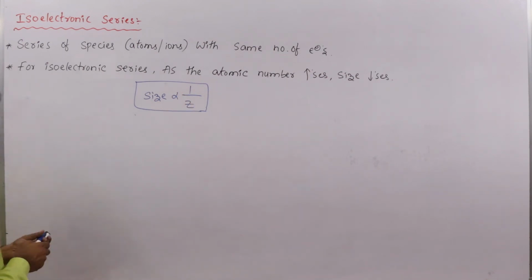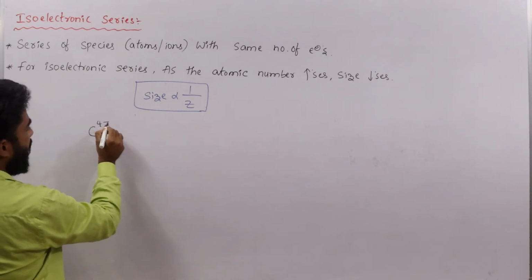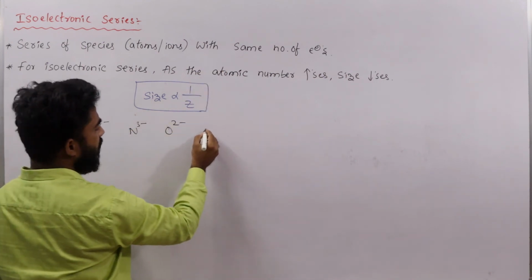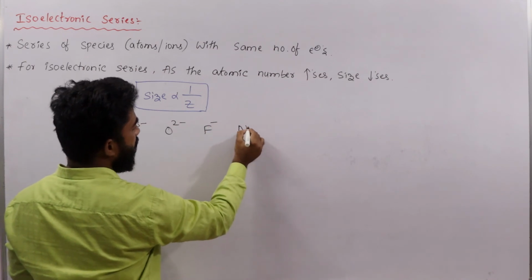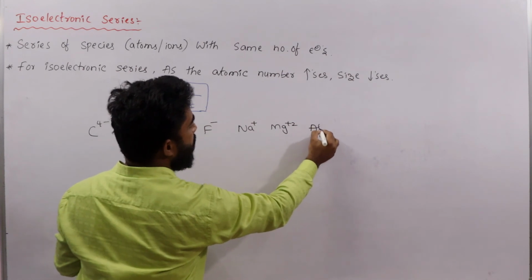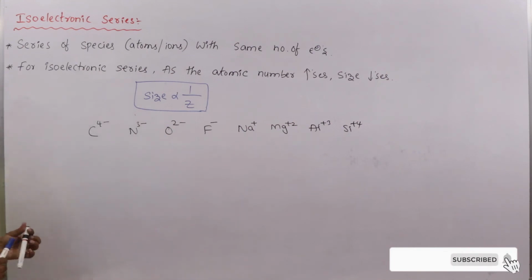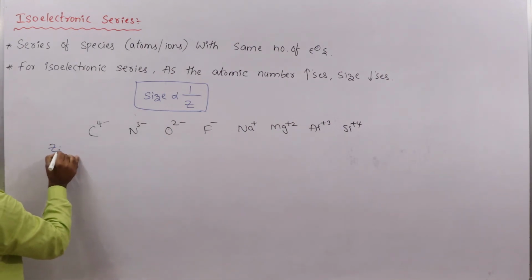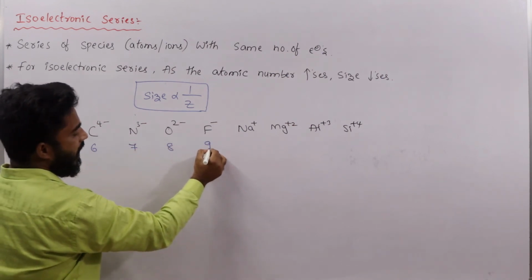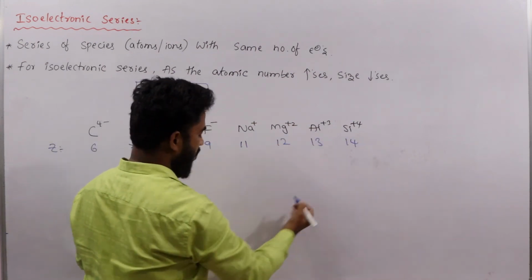So for example, you see in a series of elements C4 minus, N3 minus, O2 minus, F minus, Na plus, Mg plus 2, aluminium plus 3 and silicon plus 4. So what is the atomic number? 6, here 7, here 8, 9, here 11, here 12, here 13, here 14.